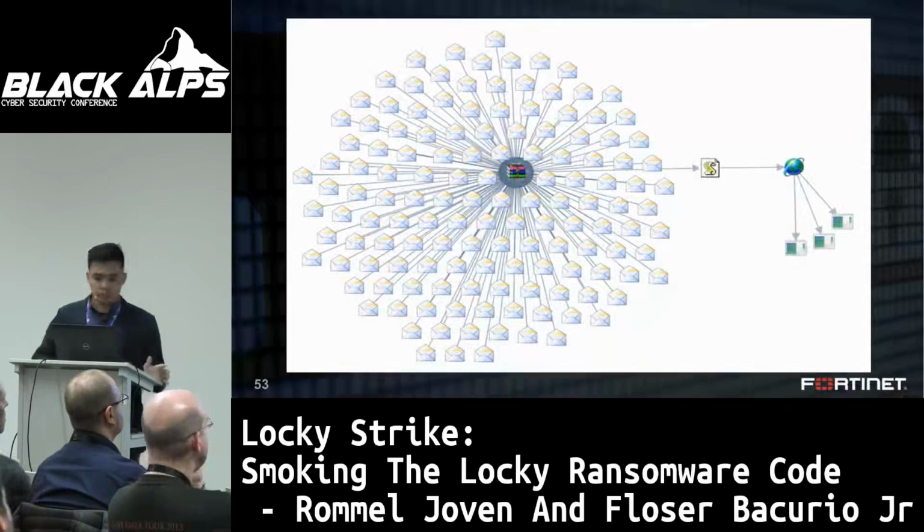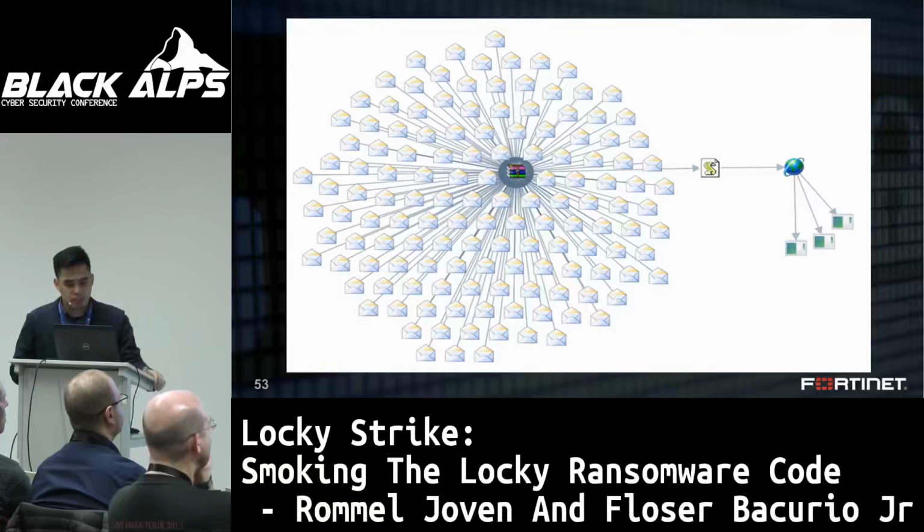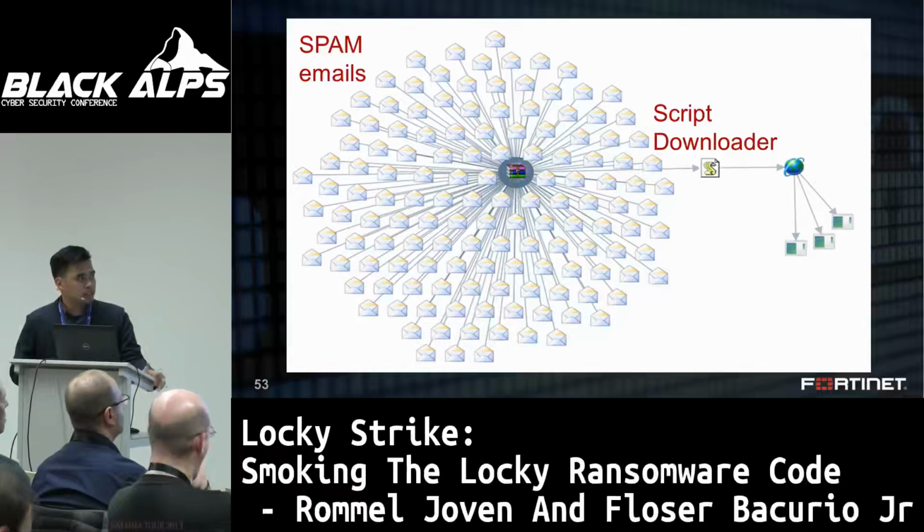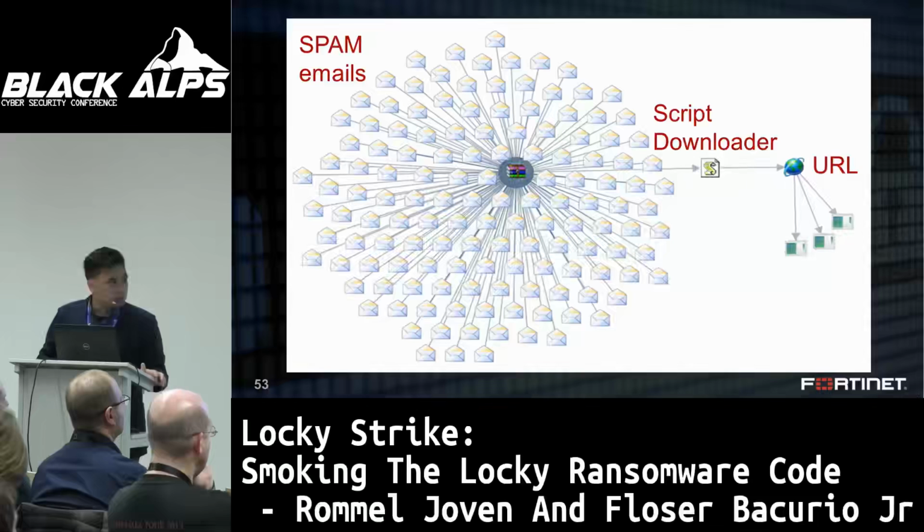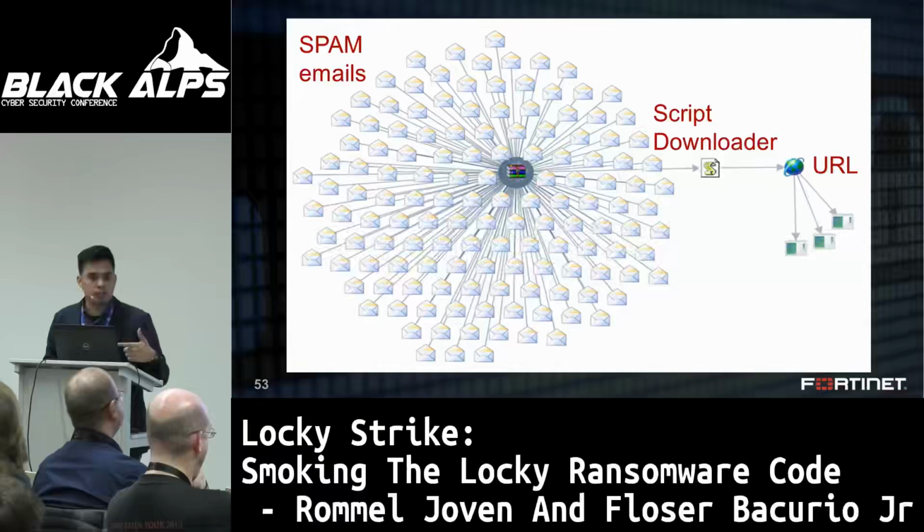So here, just to better understand, we isolate one part of the spam campaign. So spam emails, we have the script downloader, then we have the URL. Once we have this URL, we monitor it and try to connect to it a couple of times a day.